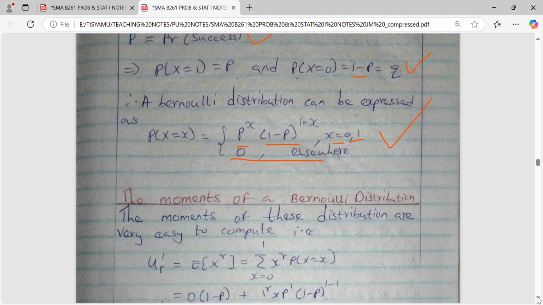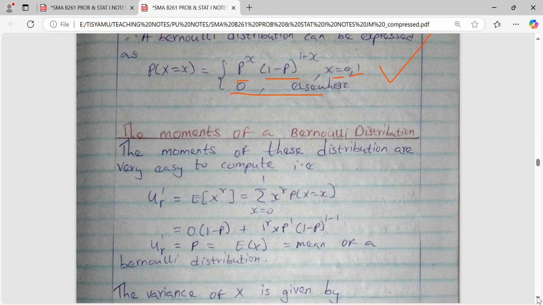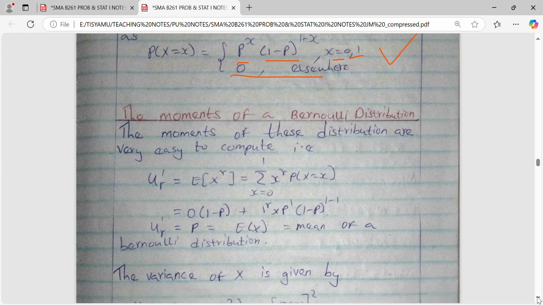Then now let's look at the moments of a Bernoulli distribution, and we are going to look at a general form. So we look for the rth raw moment, and the rth raw moment is given by the expectation of x raised to r. And since here we are dealing with a discrete distribution, it will be the sum of x raised to r times the corresponding probabilities.